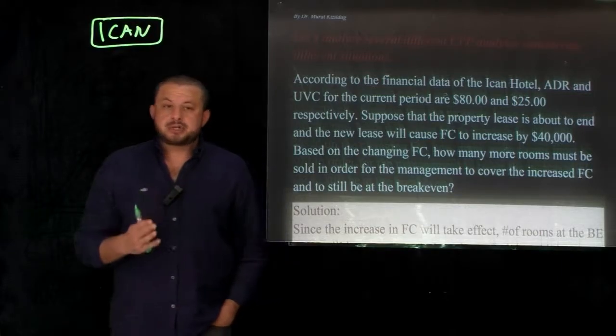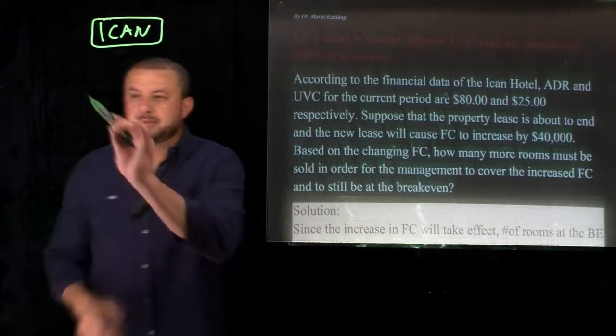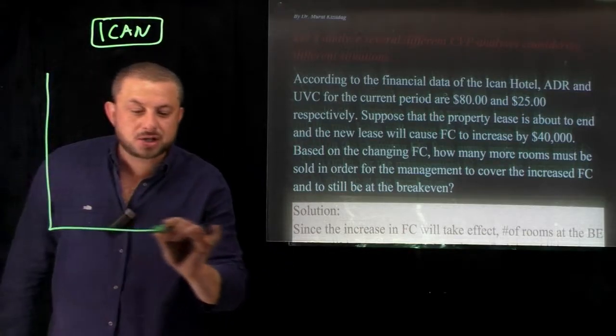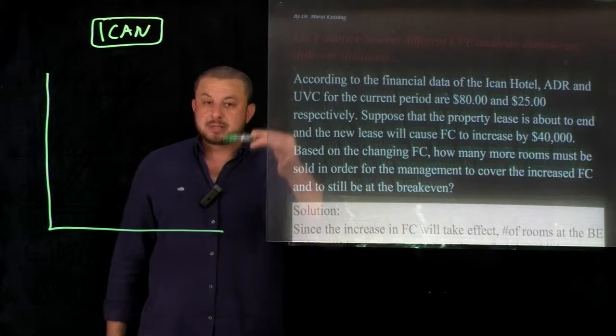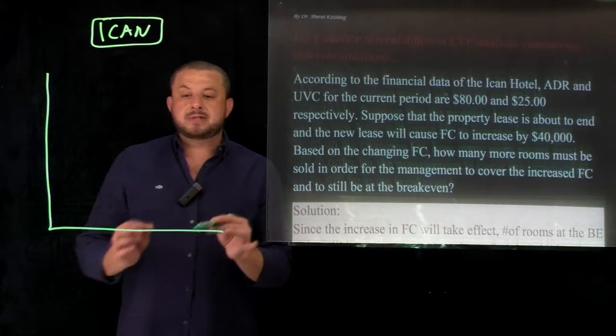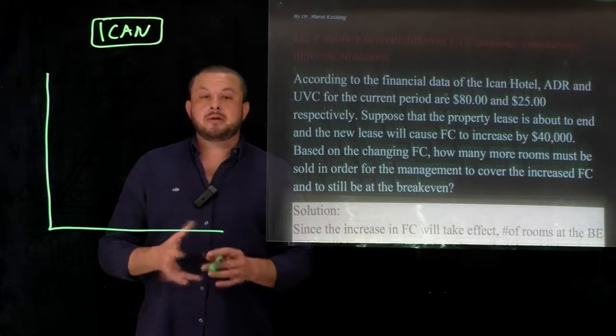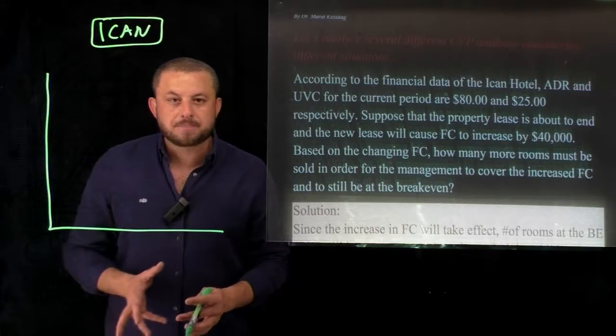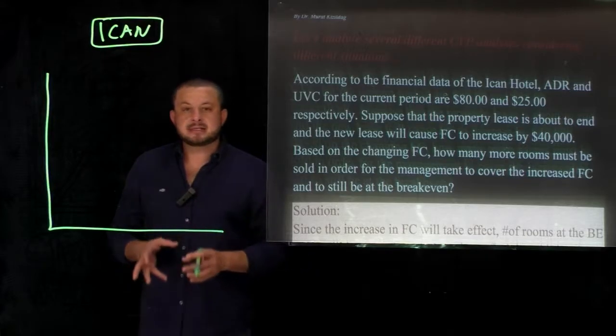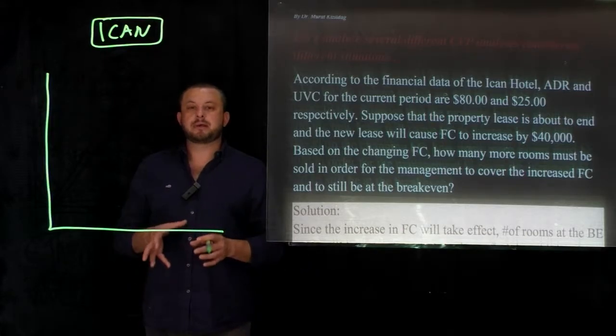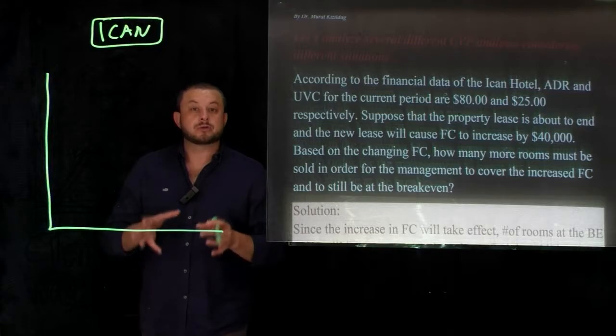So if there is a change in the fixed cost, remember the graph. Let me just do the graph again. If there's a change in fixed cost, or let me just back up and tell this to you, if there's a change in any cost item, revenue item in the operation, along with the sales volume, of course, CVP analysis, CVP situations, along with the break-even points, break-even analysis will also change.